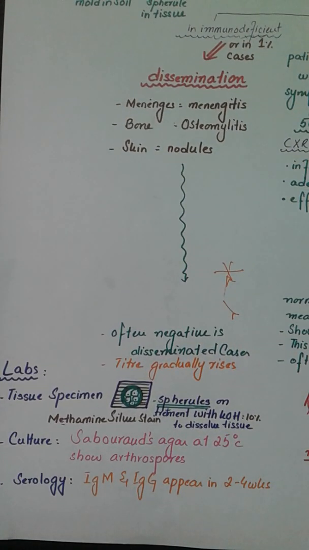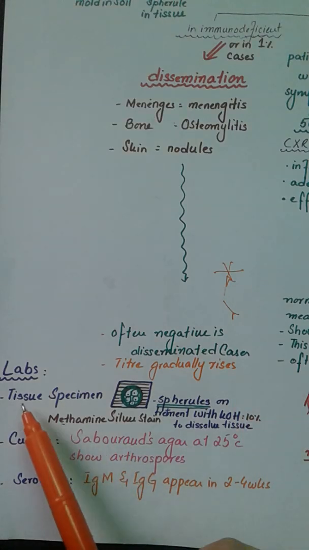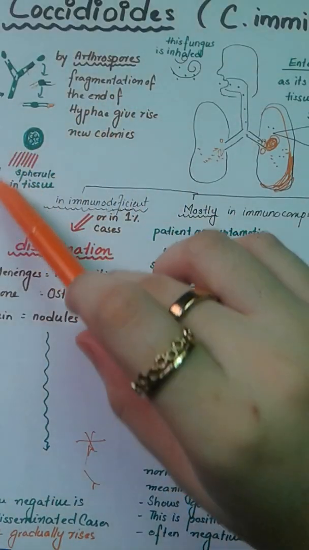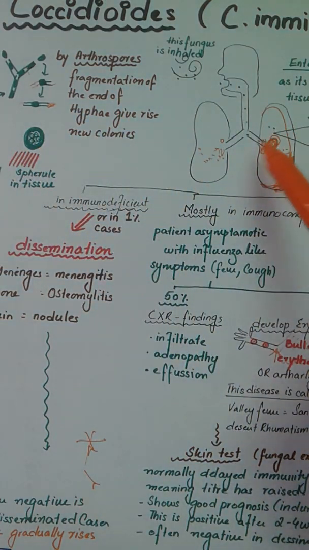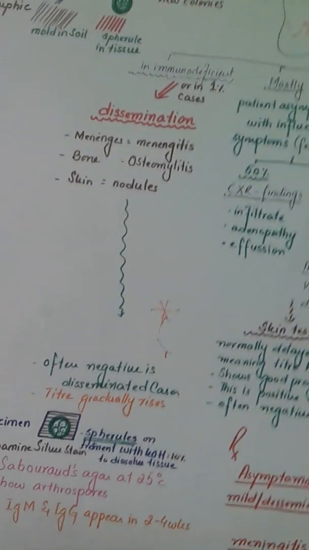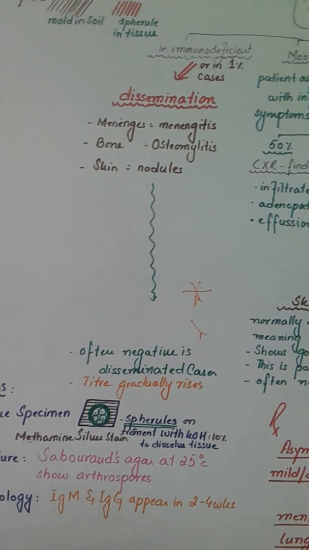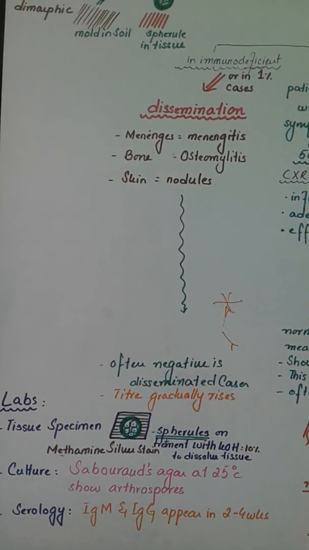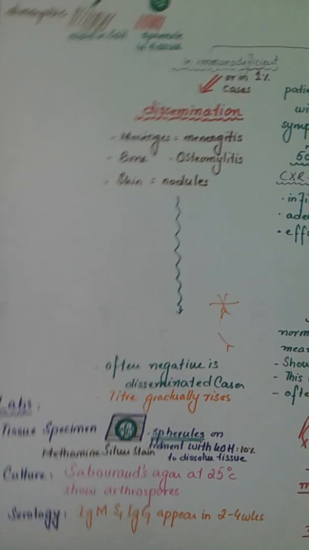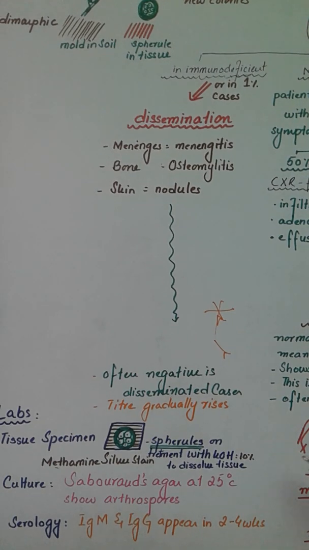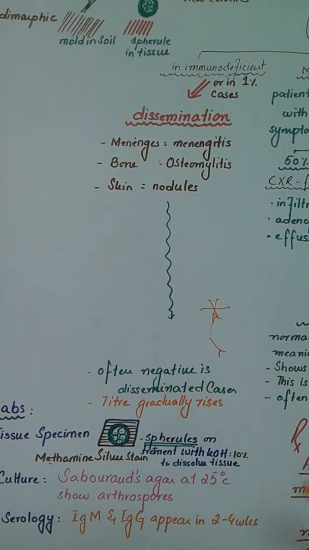If you study the tissue specimen, obviously we know that in the tissue it converts from a mold to a yeast form, which is a spherule. So what will you see in the specimen? We will see spherules. Now this specimen is treated with KOH, so it can dissolve the rest of the tissue, and we can see this organism, because it's a fungus.